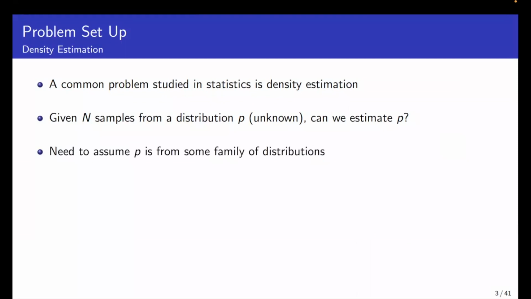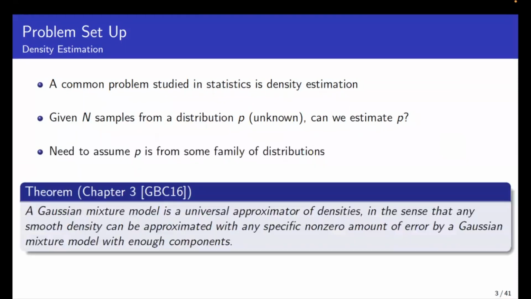But the following family of densities is a good choice because of the following theorem. The theorem tells us that a Gaussian mixture model is a universal approximator of densities, in the sense that any smooth density can be approximated arbitrarily well with a Gaussian mixture model, so long as it has enough components.